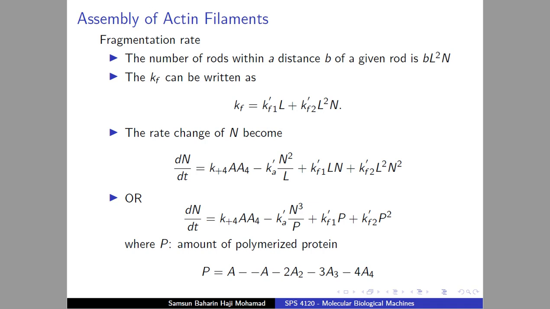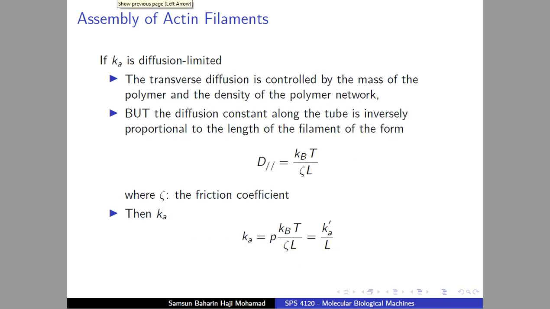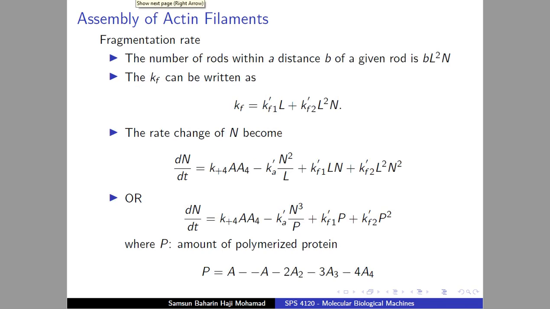These are the association rates. So what about the dissociation rate, or the fragmentation rate? The number of rods within a distance b of a given rod is b l squared n. So Kf can be written as Kf equals Kf1 l plus Kf2 l squared n.